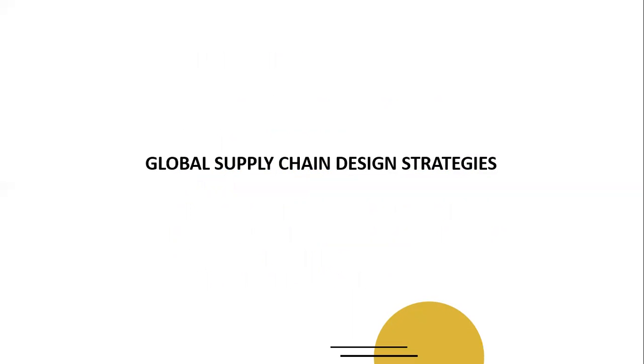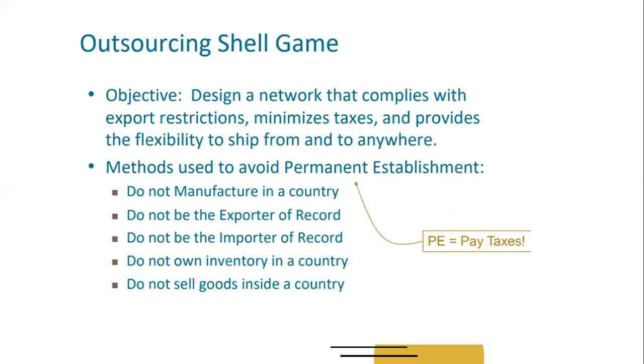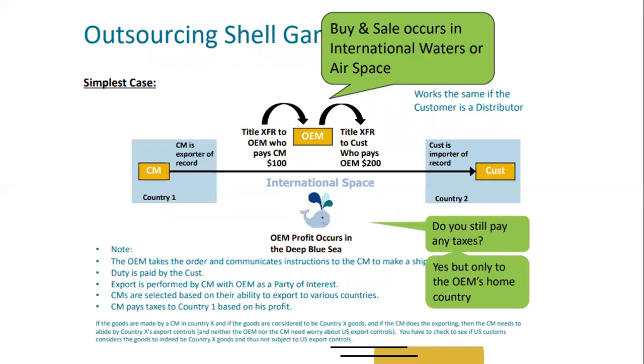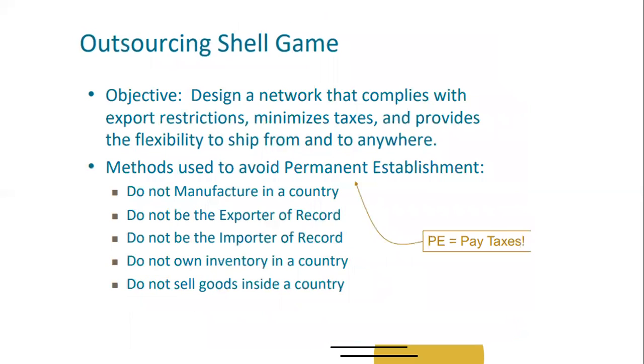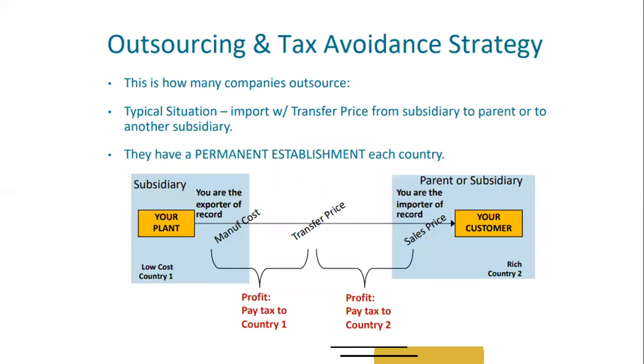Finally, I'm going to wrap this lecture up by talking to you a little bit about global supply chain design strategies. Interestingly enough, some transactions are actually made in international space or the sea. I'm going to talk to you a little bit about this.